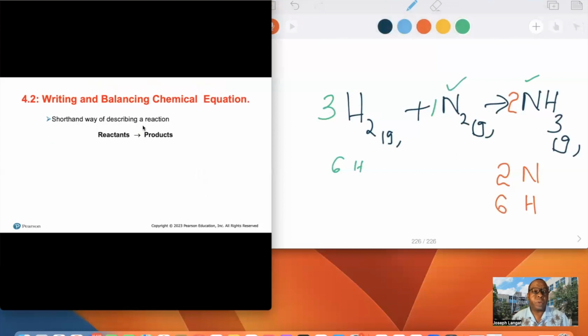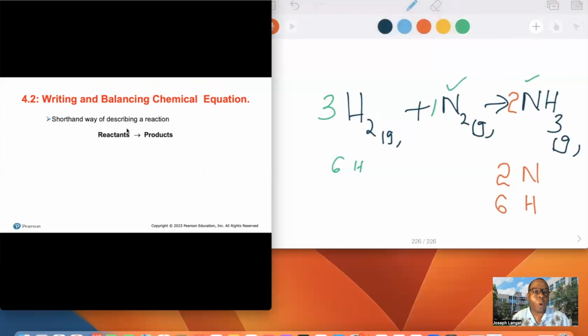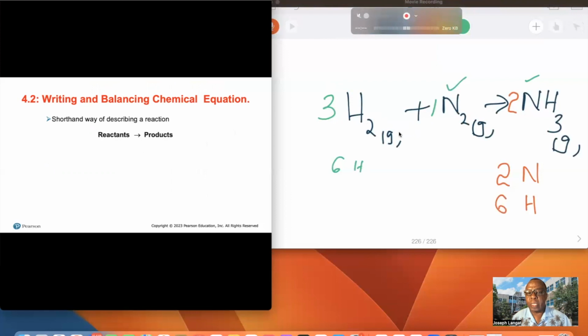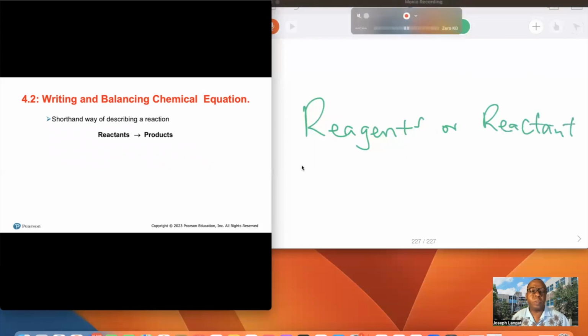I know you know how to interpret a chemical equation. On the left side of the reaction arrow, we call these reactants, sometimes reagents. It means the same thing. Sometimes we can use the two terms interchangeably.